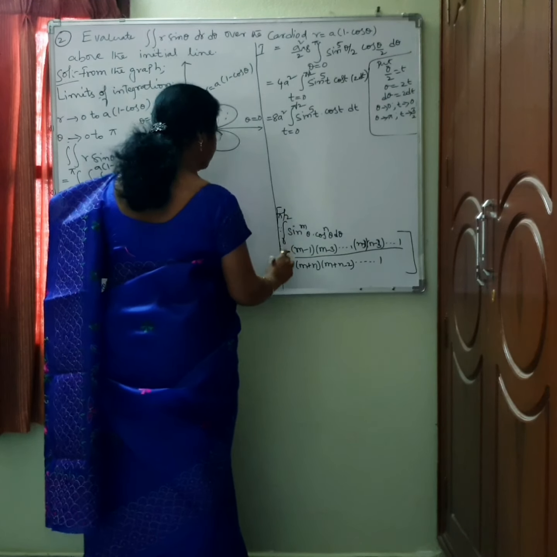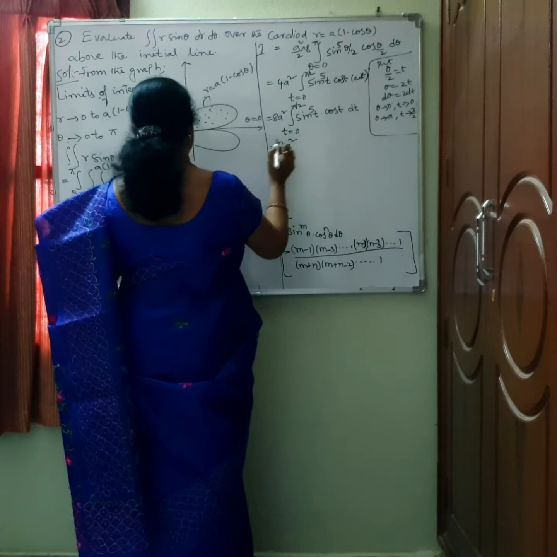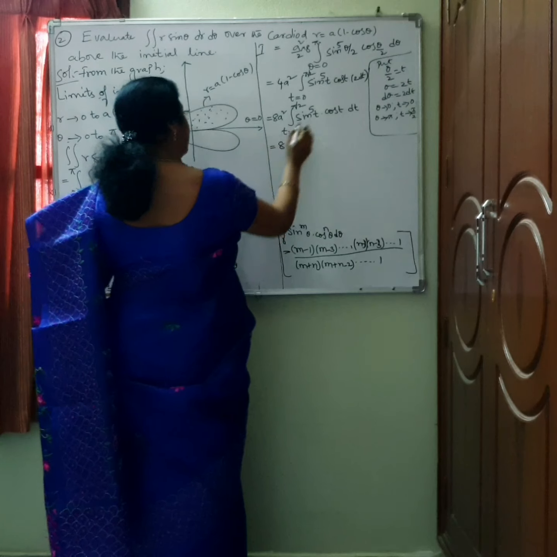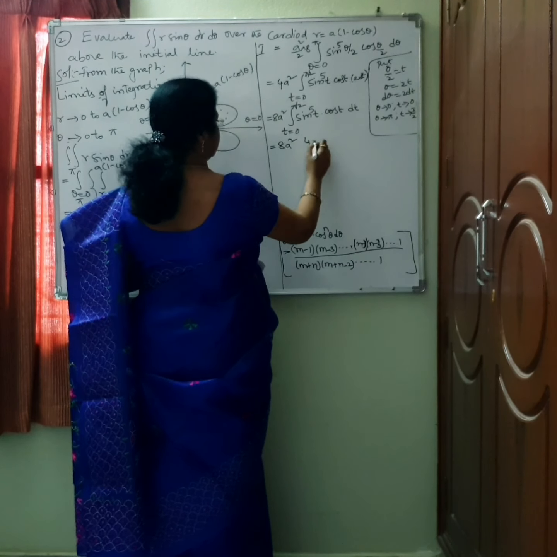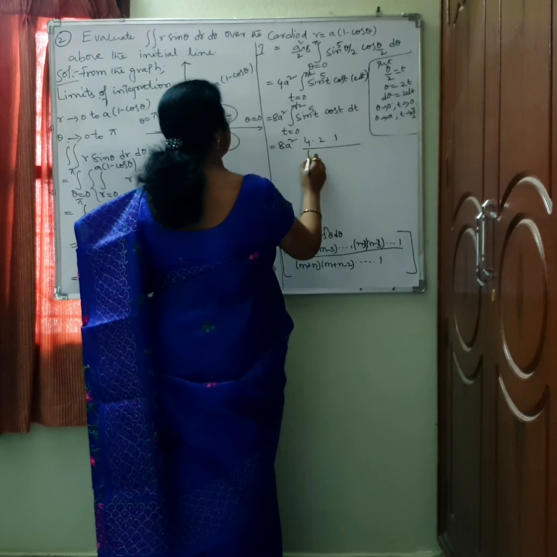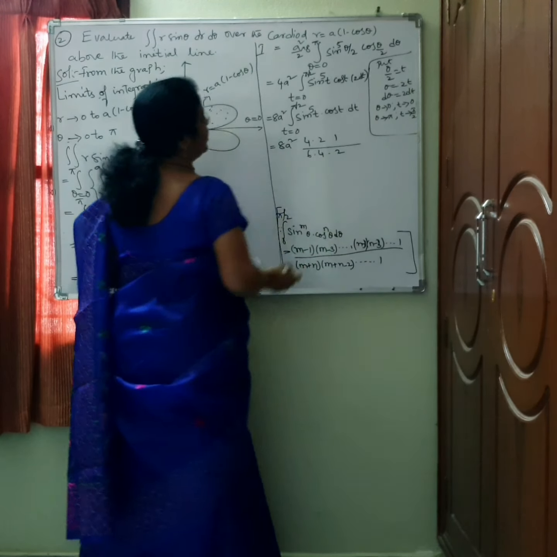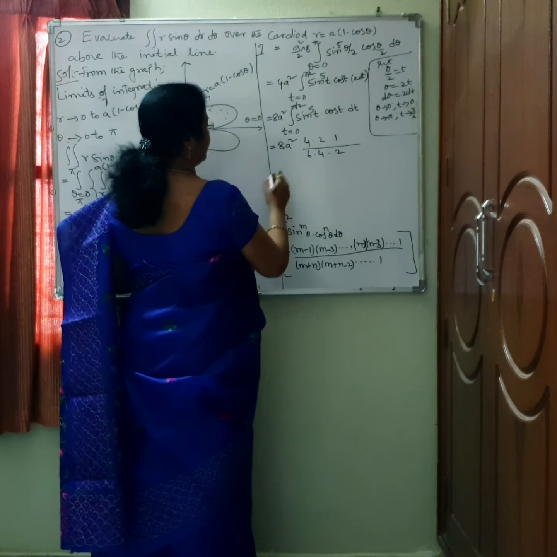So now using this formula in this integration, what do you get now? 8a square, 5 minus 1 is 4, 5 minus 3 is 2. Here the cos power is only one. 5 plus 1, 6 into 4 into 2. Because the powers of sin and cos are odd, we are not going to have a pi by 2 term.